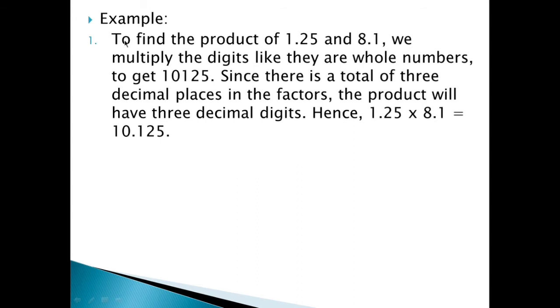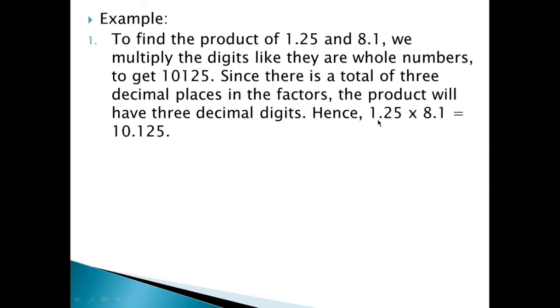Example number 1. To find the product of 1.25 and 8.1, we multiply the digits like they are whole numbers to get 10,125. Okay, so i-multiply lang natin sila. Since there is a total of 3 decimal places in the factors, the product will have 3 decimal digits.